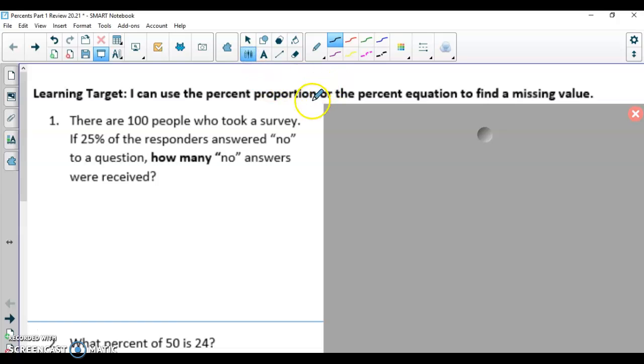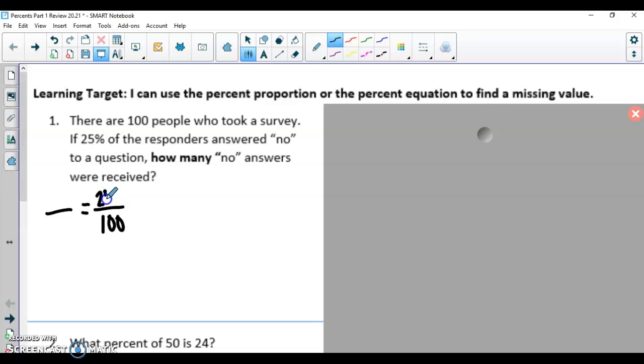So number one here, if there are 100 people who took a survey, if 25% of the responders answered no to a question, how many no answers were received? So if there's 100 people, if you are using the proportion setup, it's is over of, percent over 100.